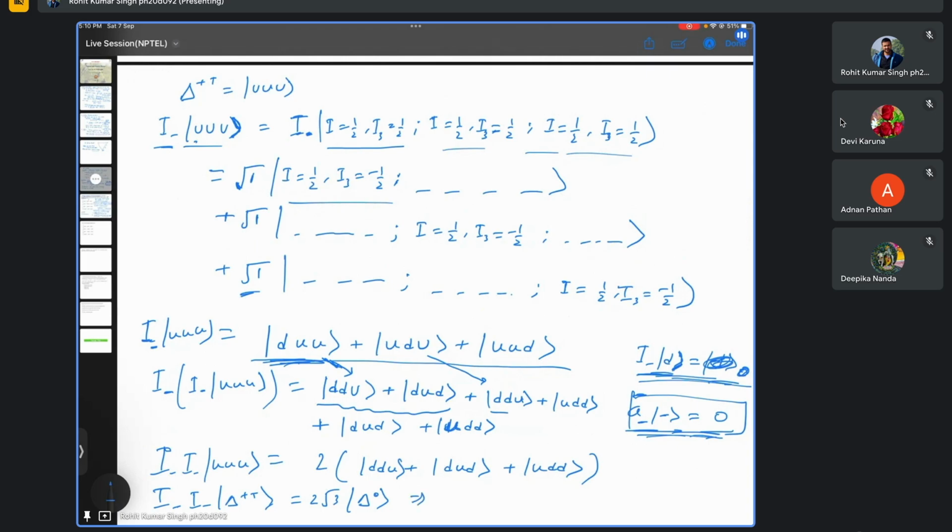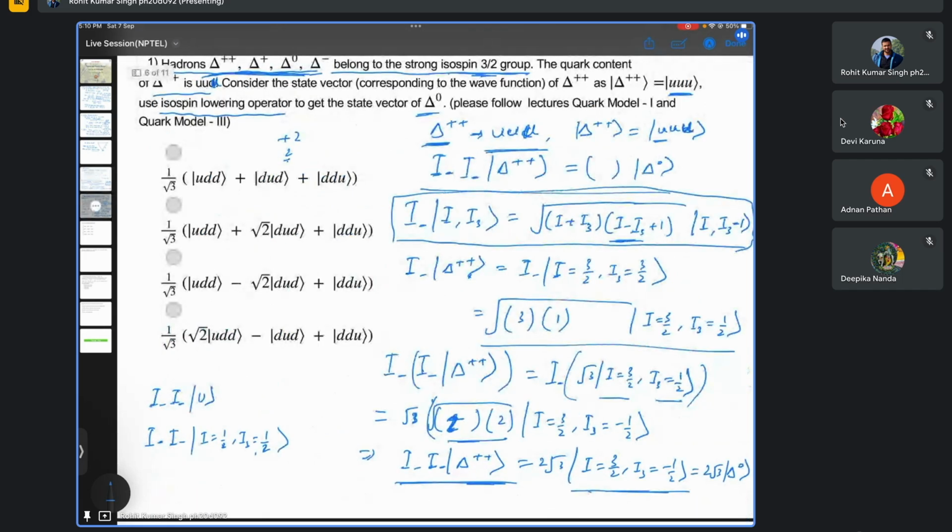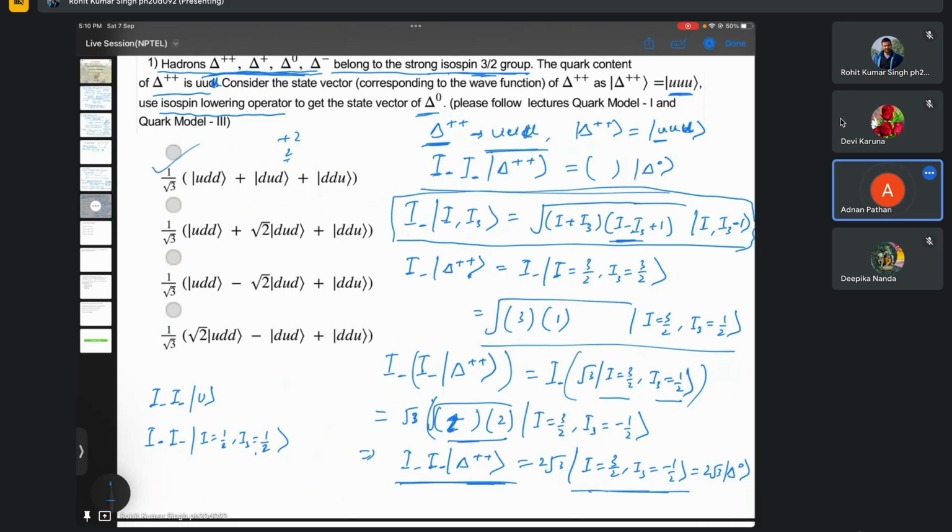So from these two expressions, what you get is delta 0 should be 1/3 of ddu plus dud plus udd, right? I think which is the expression here. Also, yes, sir.